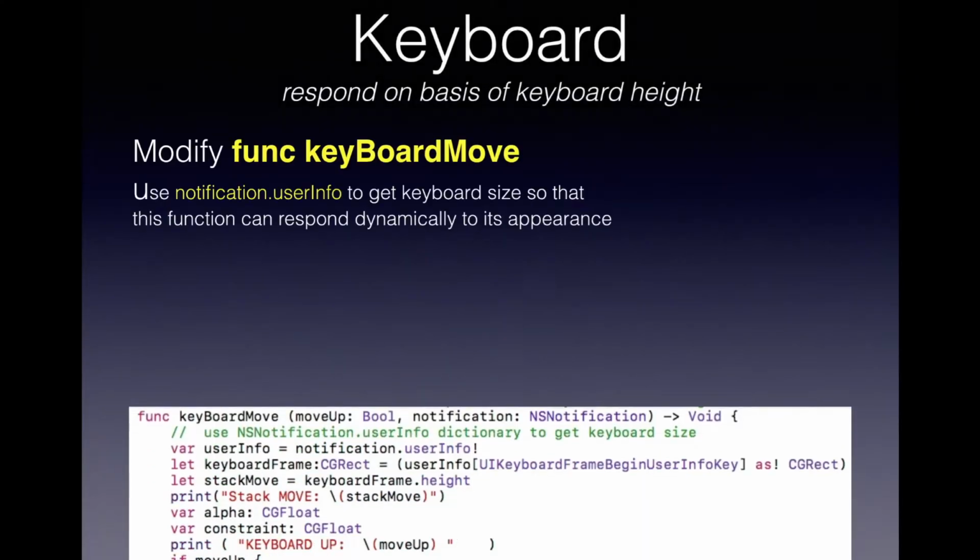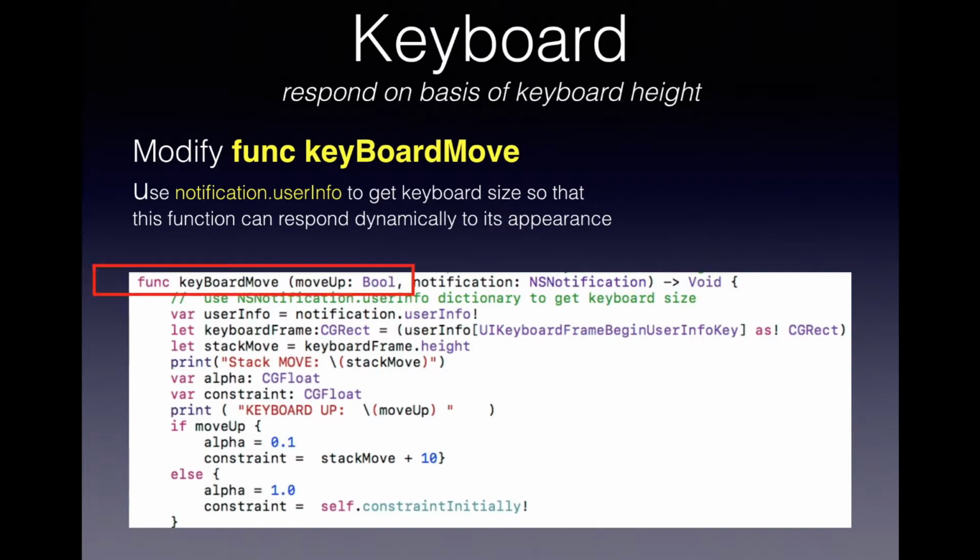For the keyboard to respond on the basis of height, we're going to be adding this keyboard move function, and we're going to be disabling the current keyboard move function. They're very similar, except in one way.